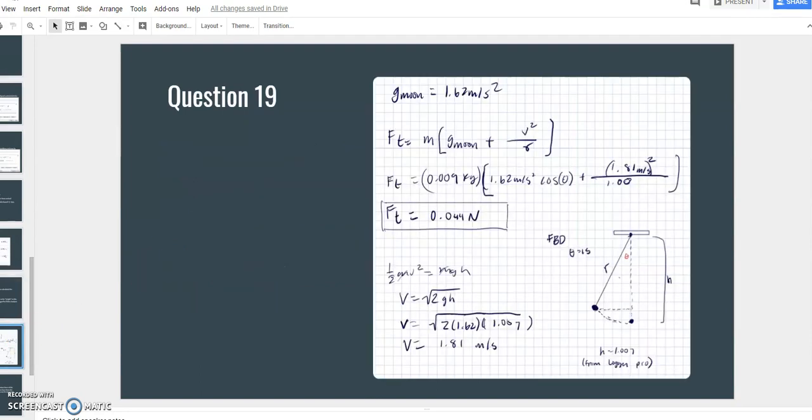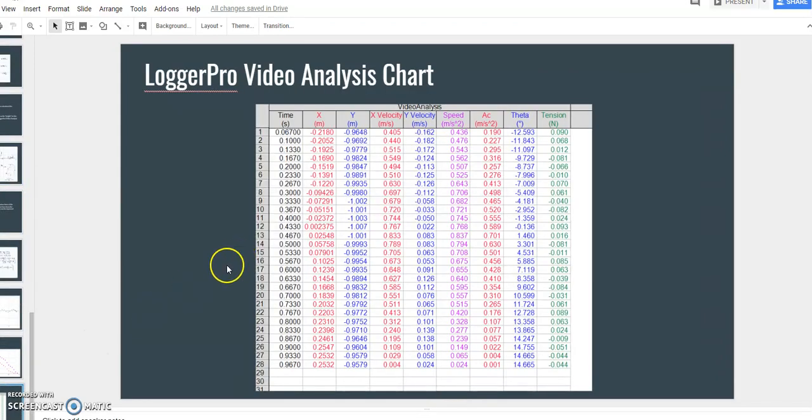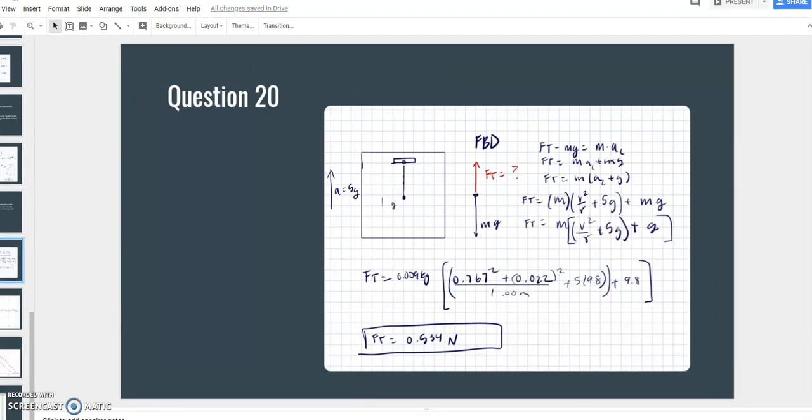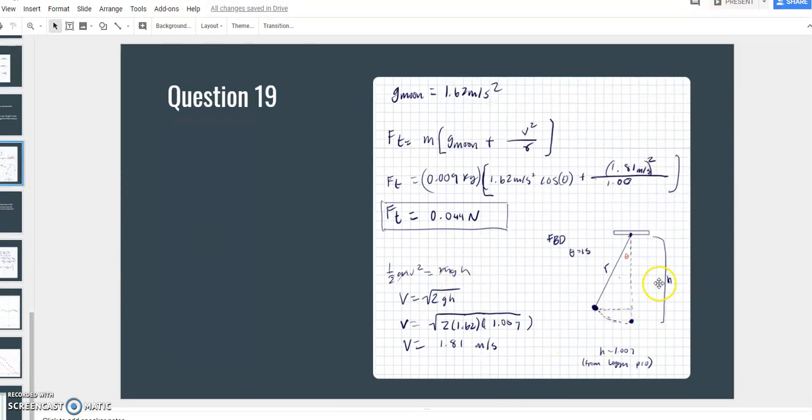So here's the work that was done. h was determined to be 1.007 from Logger Pro. Again, that value is right here. This is at the bottom of the arc swing. And then we plug that into the conservation of mechanical energy equation to get a speed of 1.81 meters per second.